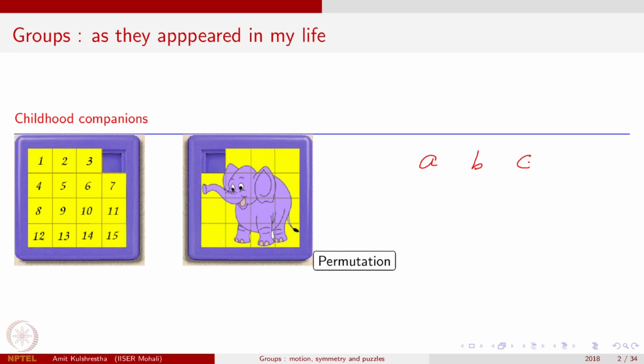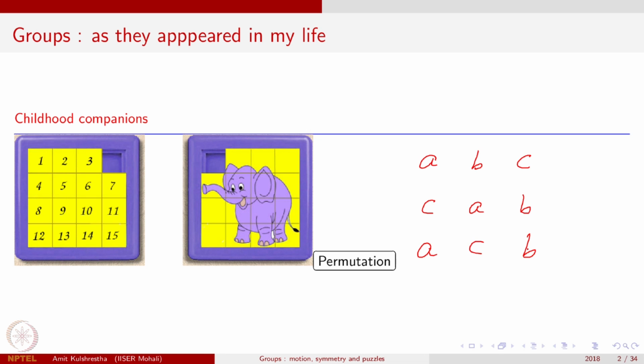So shuffling is the permutation. After shuffling, C may come here, maybe A comes here, B comes here, or maybe after shuffling A remains here, C comes here and B goes there. So there are various ways in which these 3 points can shuffle themselves. Shuffling is very much there when we play cards, like card games. So shuffling is permutation.